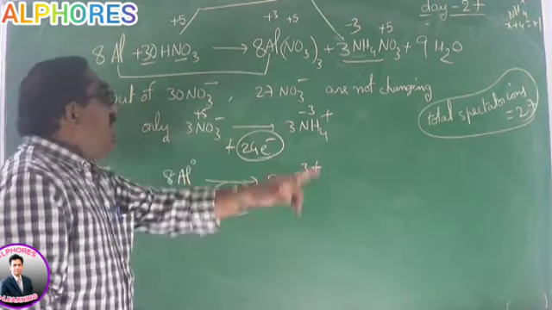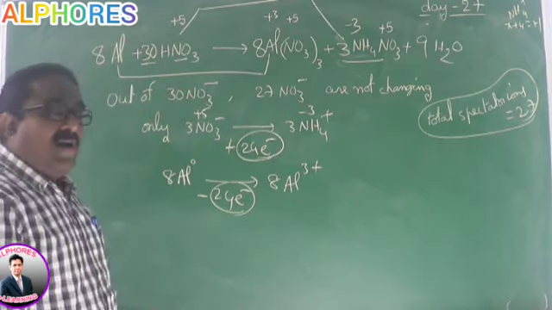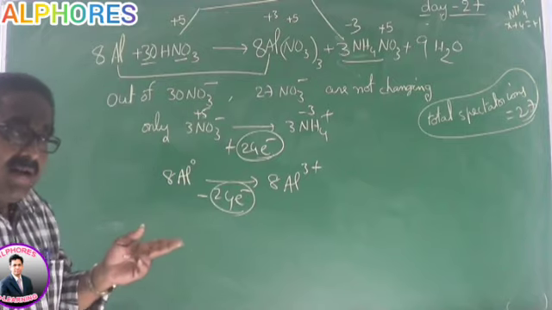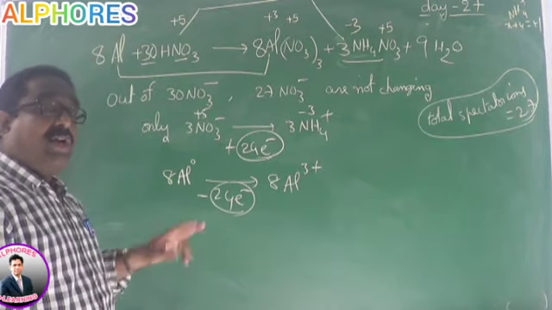Because all 8 moles of aluminum are undergoing oxidation, but out of 30 moles of nitric acid, only 3 moles of nitrate ions are undergoing reduction. That's why it is not possible to go blindly by following the rules towards the reactant side. So it is better to follow the product side for such complex redox reactions, where all the species of the oxidant or reductant are not involved completely in the reduction or oxidation process.